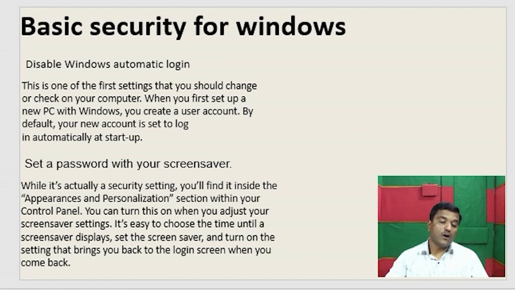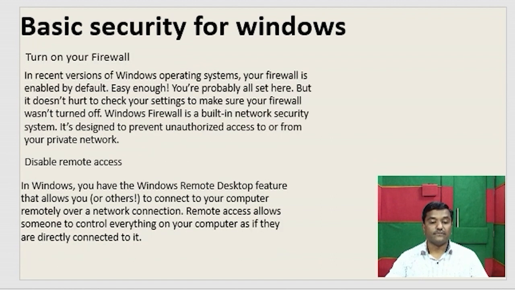Next is turn on your firewall. In recent versions of the Windows operating system, the firewall setting is enabled by default. It is easy enough, you are probably all set here, but it does not hurt to check your settings to make sure your firewall was not turned off. Windows Firewall is a built-in network security system.